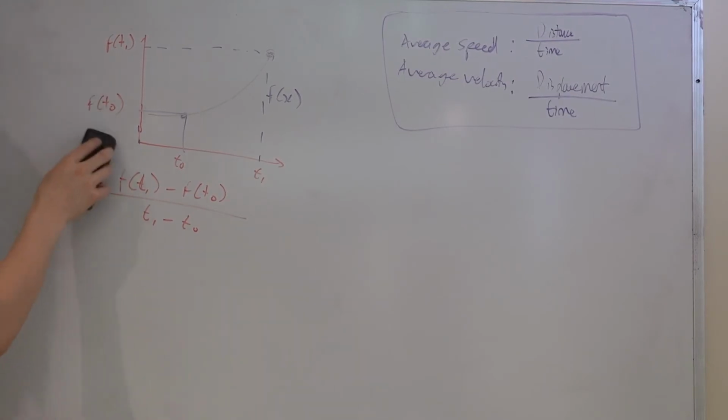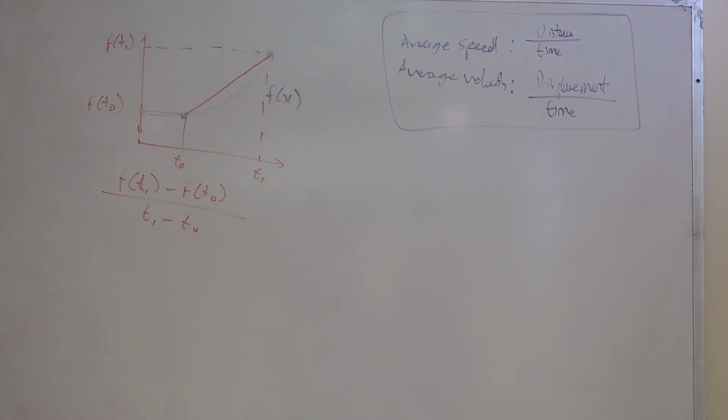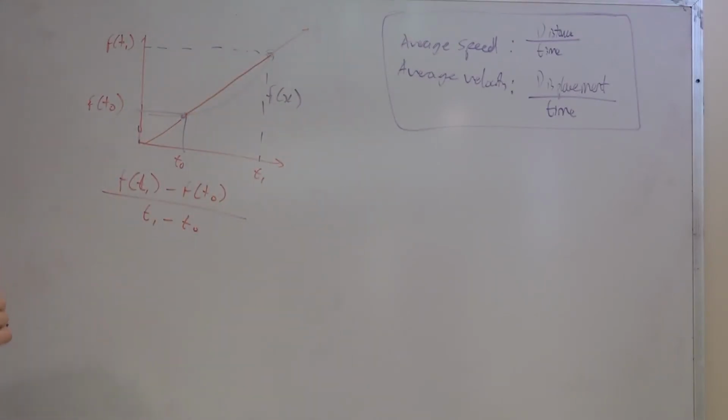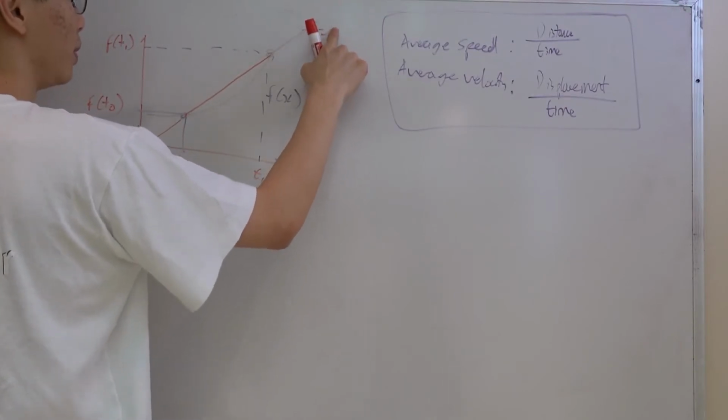In case you don't see immediately what this means, let me make it more obvious by drawing this line here. Now, think about it for yourself for a minute. How does this expression relate to this line? The answer is that this expression gives you the slope of this line. Let's call this line L. It's a line, y equals mx plus b.